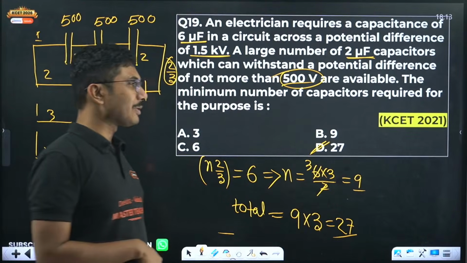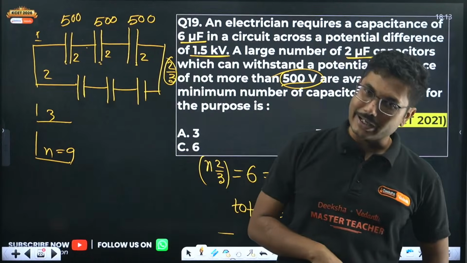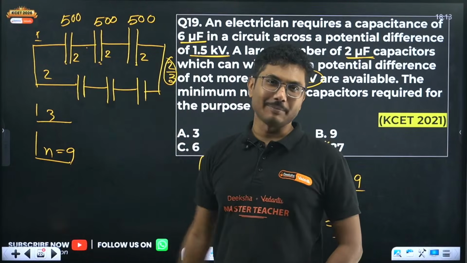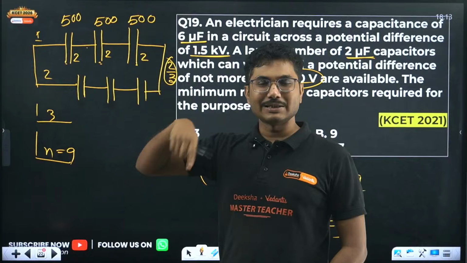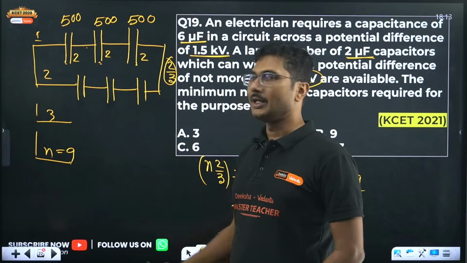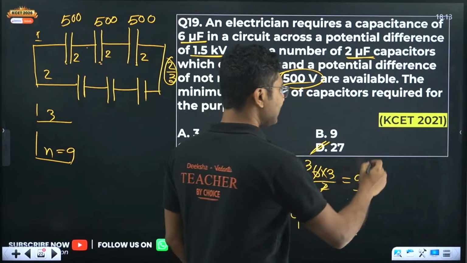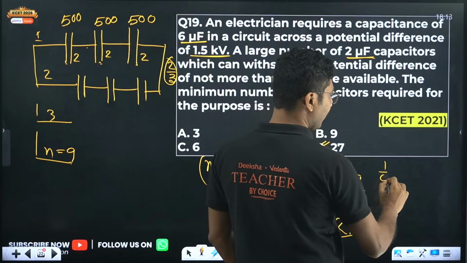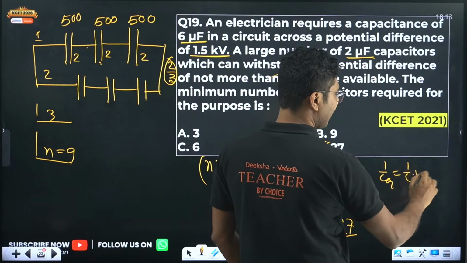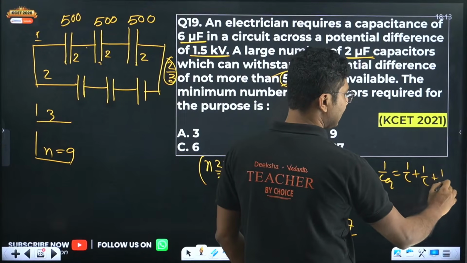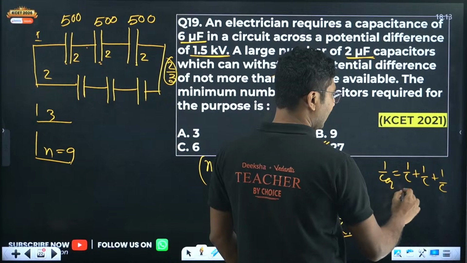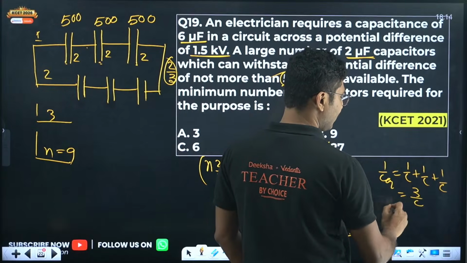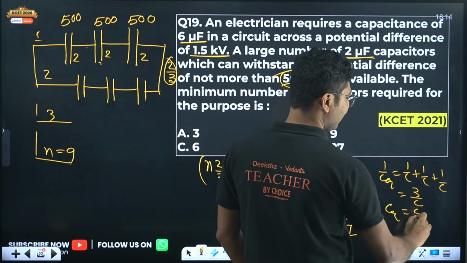1 by C1 plus 1 by C2 plus 1 by C3 is okay, but if the capacitors are the same, you don't need to do that. It will be 1 by C equivalent equals 1 by C plus 1 by C plus 1 by C, so it will be 3 by C, so C equivalent will be C by 3.